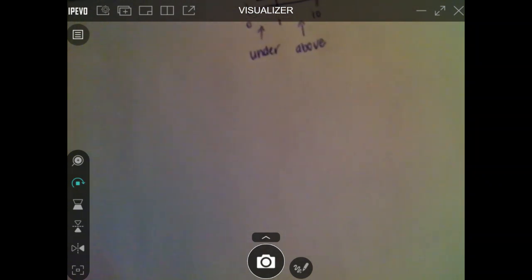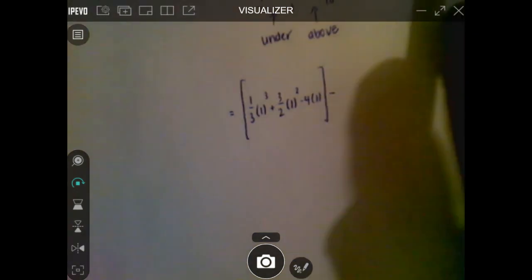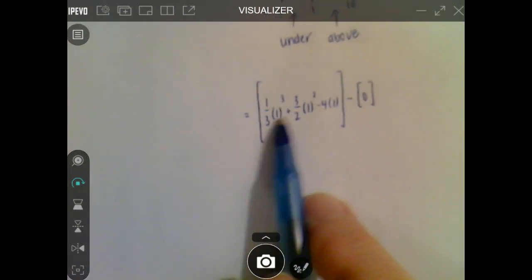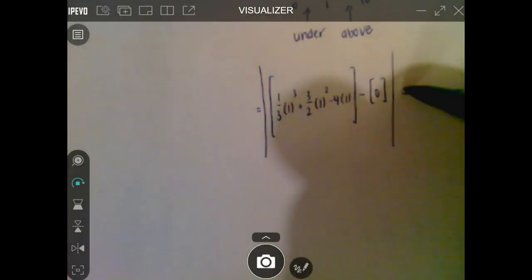So I'll do that work down here on the bottom. Leave myself a little bit of room. So let's see, I'll start with 1/3 times 1 cubed plus 3/2 times 1 squared minus 4 times 1. And then the nice thing about this is when I evaluate that at 0, it's actually literally just minus 0. Because if I plug in zeros here, everything just goes to 0. And again, this is the part that I'm putting in absolute values.